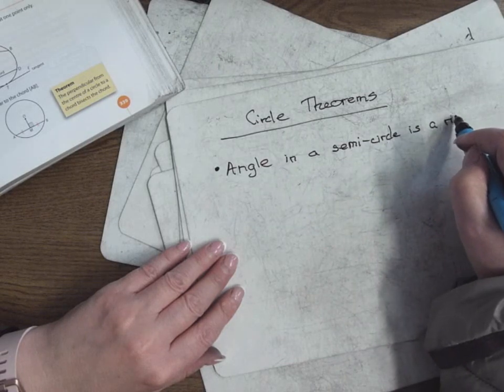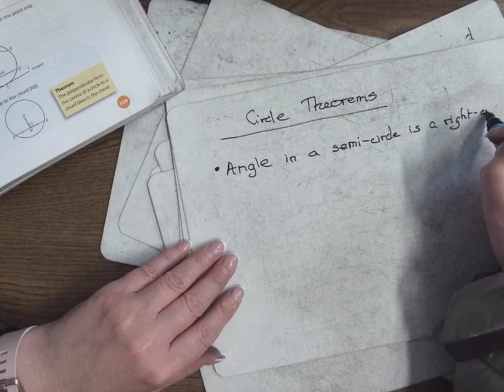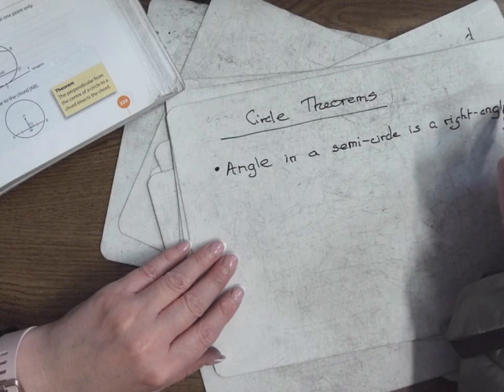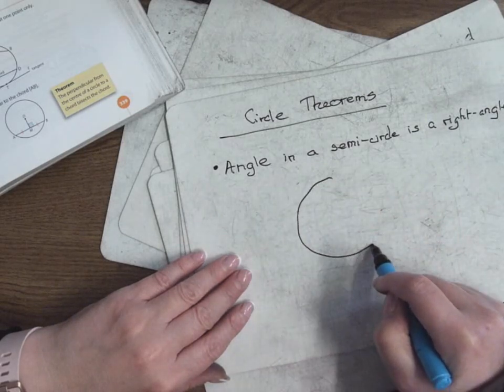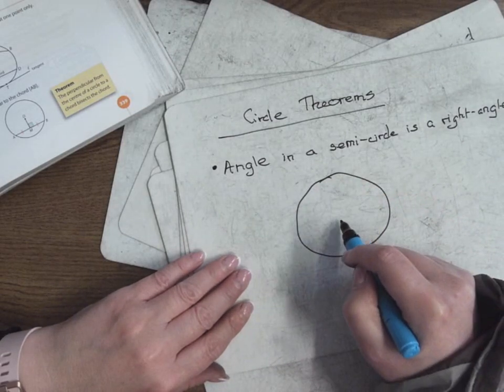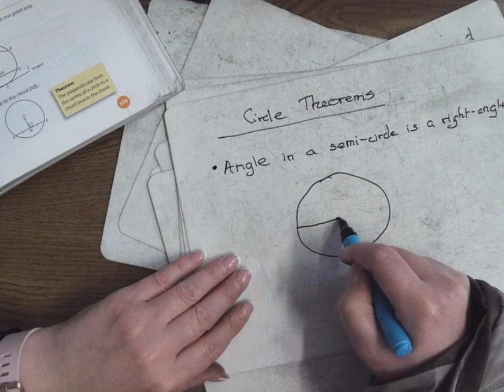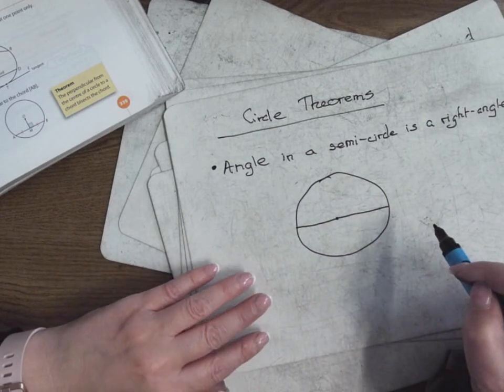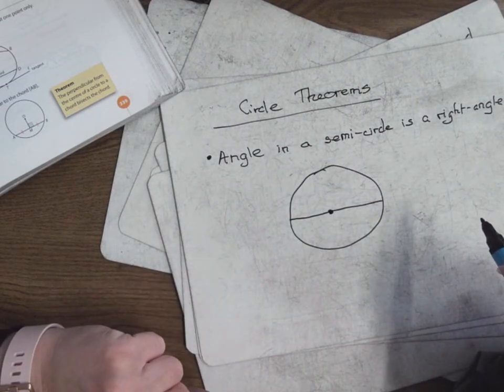A right angle is 90 degrees, right? So if you have a circle with a center and you have a diameter, remember a diameter goes through the center from one side of the circle to the other. You all know what a diameter is, yeah?